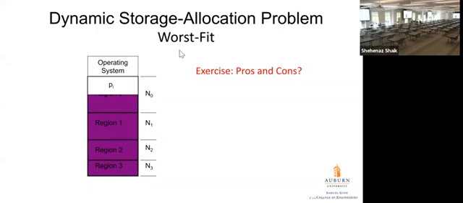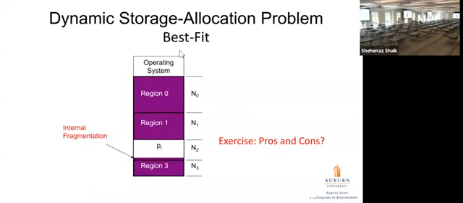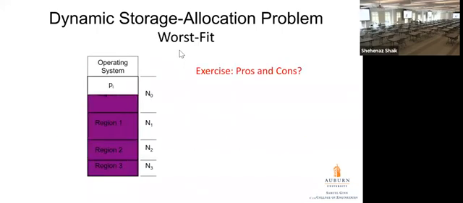Okay, so for both the best fit and worst fit approaches, we really need to go over the entire list of holes or free partitions. Okay, so that's an overhead with both of these approaches.